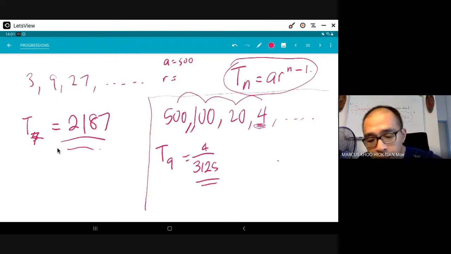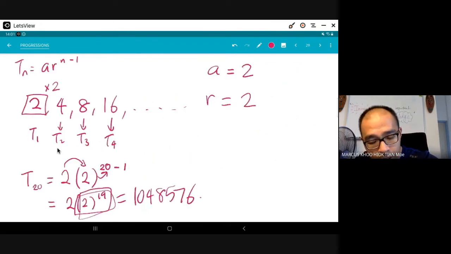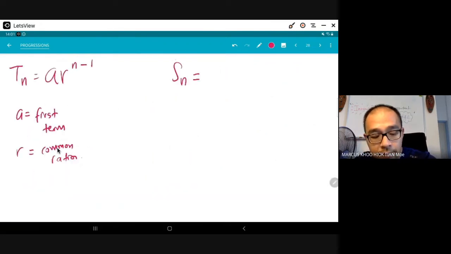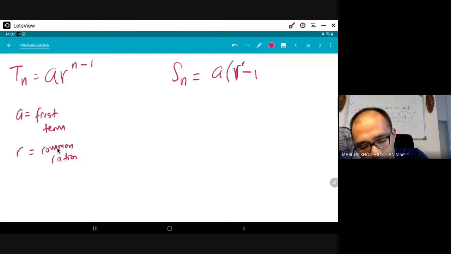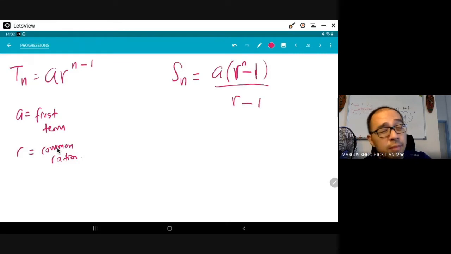The second formula that we need to know is the Sn, hasil jumlah. Okay, so Sn, the formula is this: A times R to the power of n minus 1, over R minus 1. This one is a little bit complicated. Okay, tapi AR tetap sama.